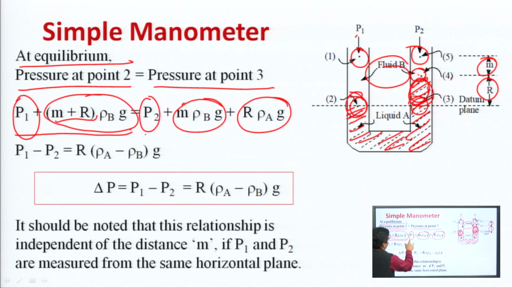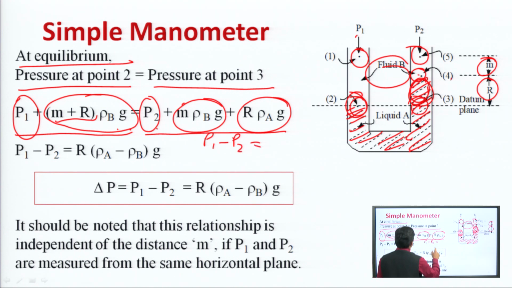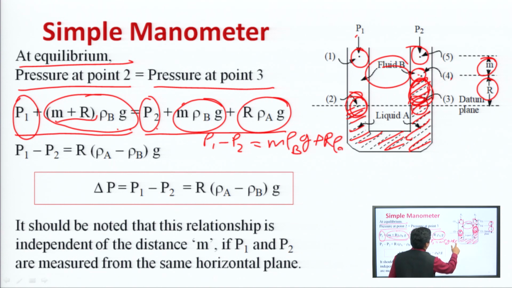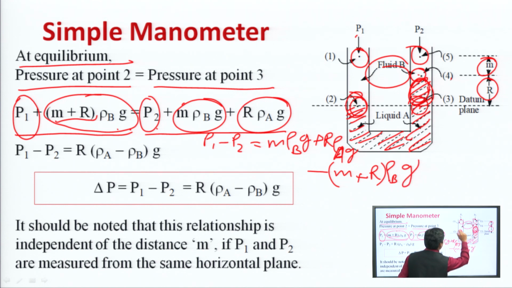Now, solving this equation we will arrive at the result. How? Let us take P2 to the left-hand side and (m plus r) rho B g to the right-hand side. So, the equation changes to P1 minus P2 equals m rho B g plus r rho A g minus (m plus r) rho B g.